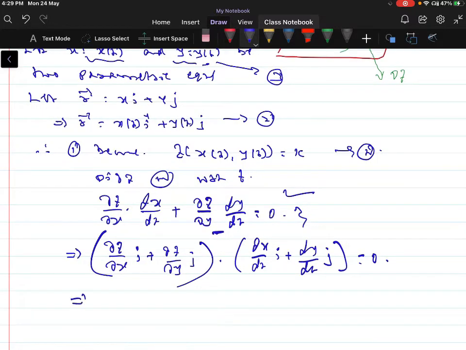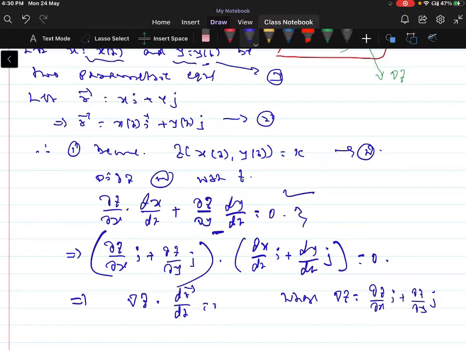So this implies this is the gradient of f dot, this is dr/dt is equal to 0. Where gradient of f is equal to ∂f/∂x i cap plus ∂f/∂y into j cap.